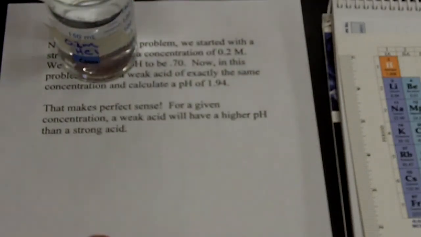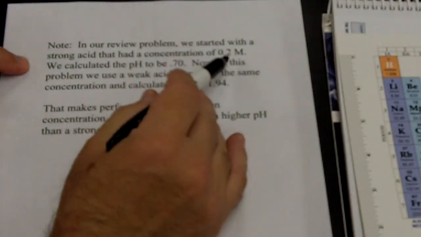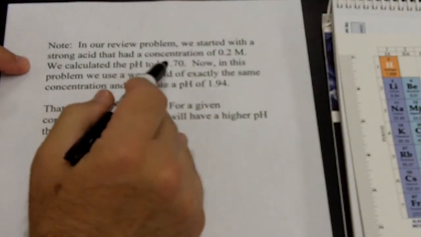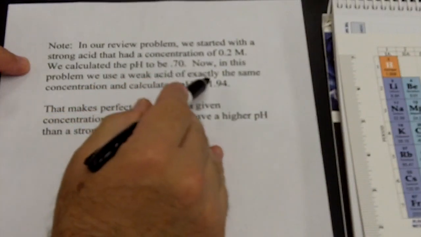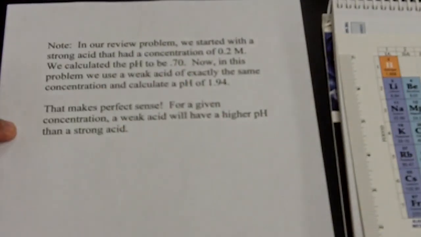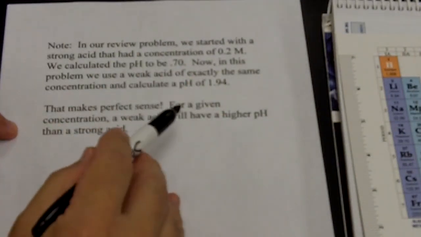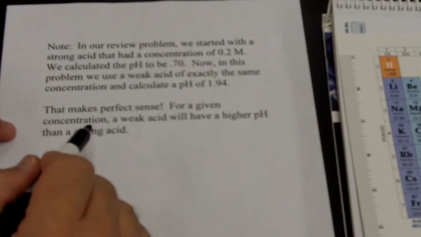Well, look what happened. In our review problem, we started with a strong acid that had a concentration of 0.2 molar. We calculated the pH, and it was 0.70. Now in this problem, we use a weak acid of exactly the same concentration. We calculate 1.94. That makes perfect sense. For a given concentration, a weak acid will have a higher pH than a strong acid.